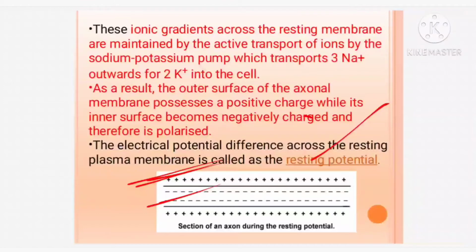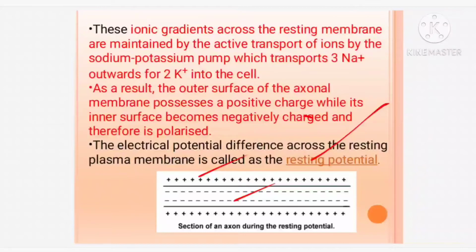When 3 sodiums are transported out, only 2 potassium are getting in, which makes it positively charged outside and negatively charged inside. Along with that, the negatively charged proteins cannot go out, so the negatively charged ions are more inside than outside. So during resting time, when there is no conduction of impulses, outside it will be positively charged and inside it will be negatively charged. Is that clear?